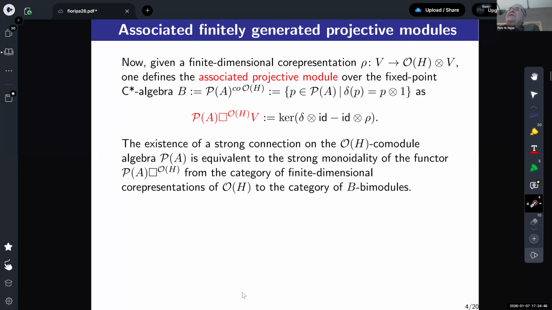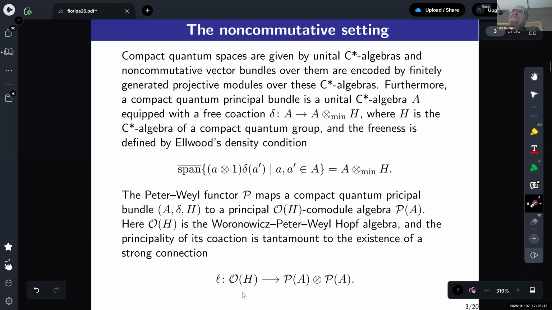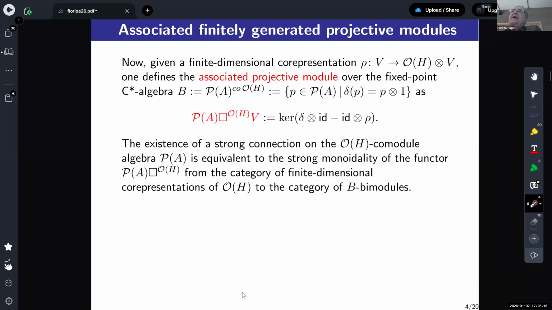And you shouldn't be surprised by this definition, because here I'm defining this sort of space of my non-commutative vector bundle as a subspace of something. And in the classical setting, well, it was defined as a quotient. And this is a typical thing that happens, that quotient constructions in classical topology go into sub-constructions in non-commutative geometry or topology. Okay. So now it's a very nice fact, because I like this linguistic pun, strong connection and strong monoidality.